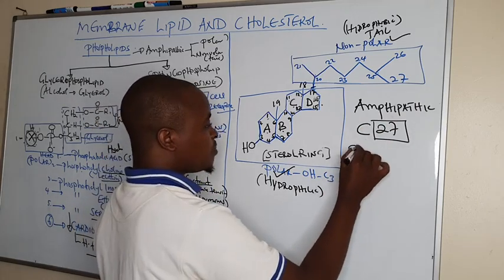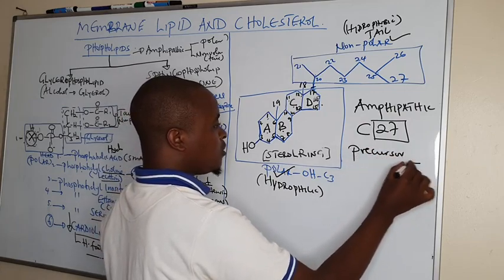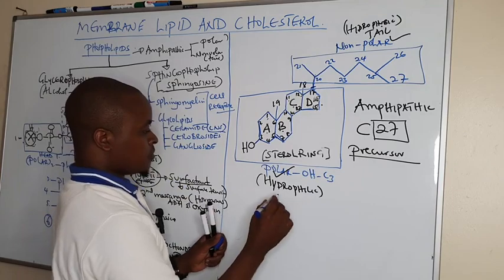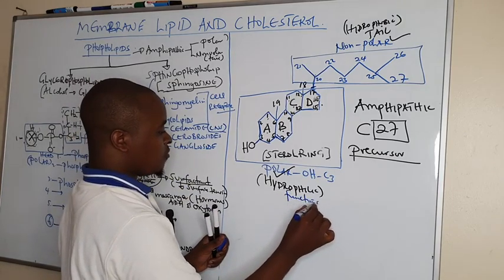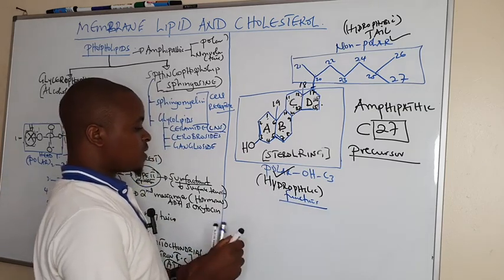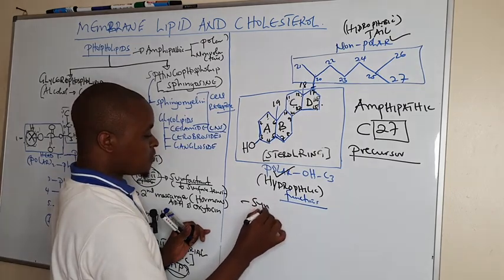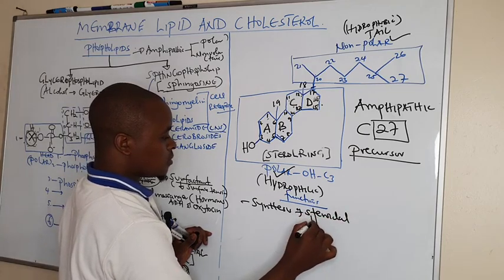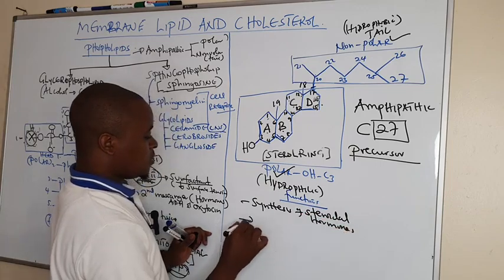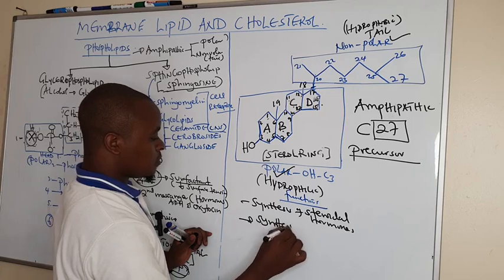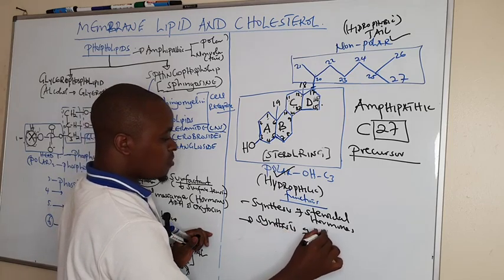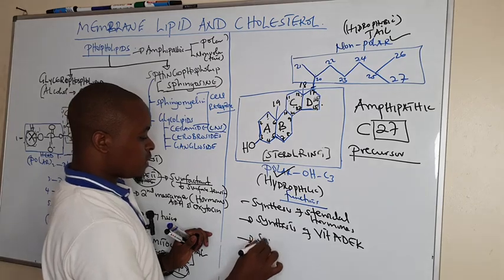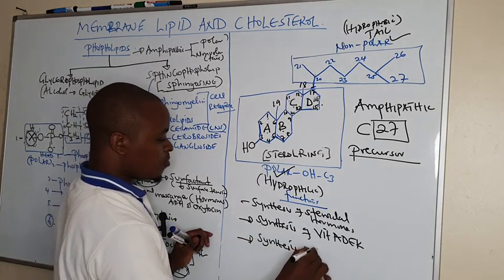And it is the one that acts as precursor for formation of many steroidal compounds in the body, whereby among the functions of cholesterol, we are going to see it is responsible for synthesis of steroid hormones, then synthesis of fat-soluble vitamins, that is vitamin A, then lastly is also responsible for the synthesis of bile salts.